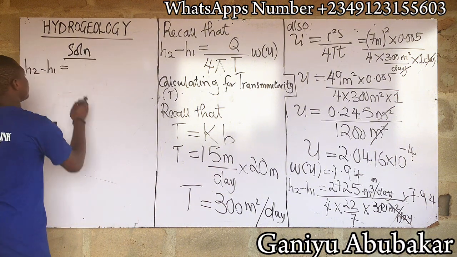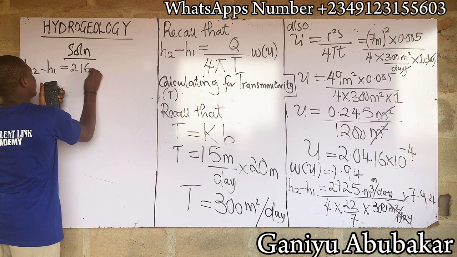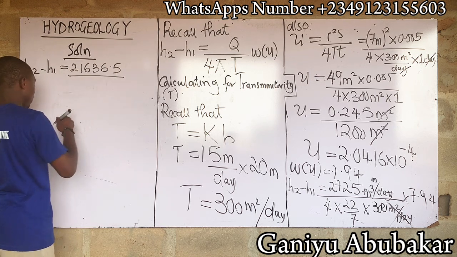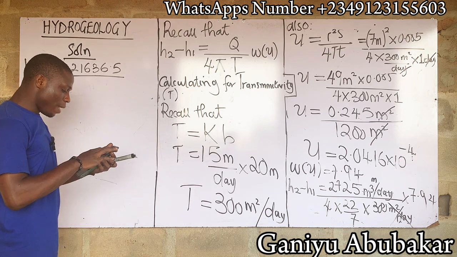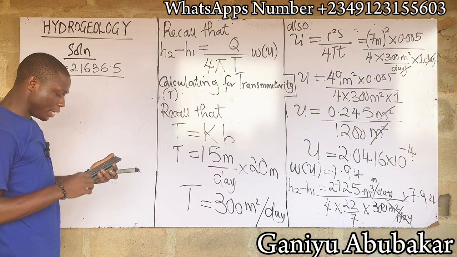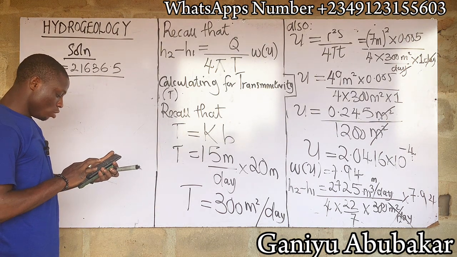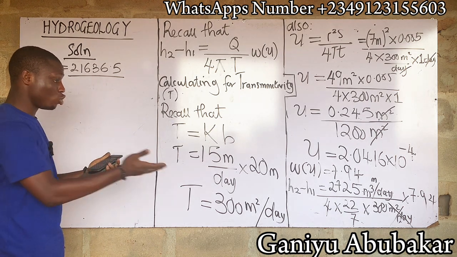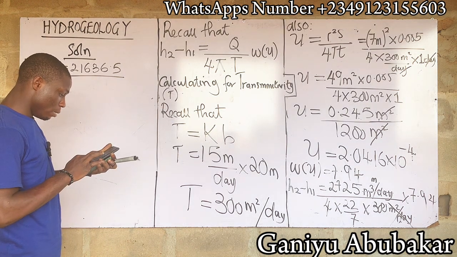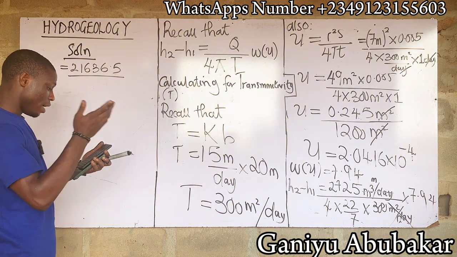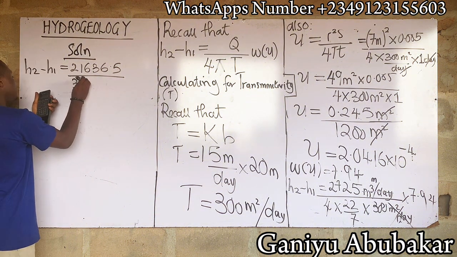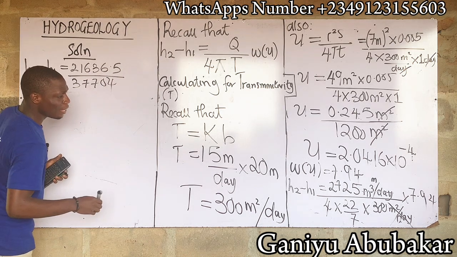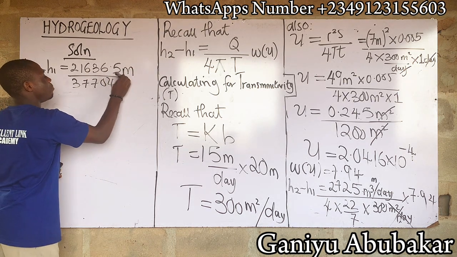I have 21636.5 all over, check them up, please. Multiply 4 by pi by 300 there. 4 times 3.142 per se, or perhaps use 22/7 if you want to, times 300. I have about 37704. Divide numerator by this one, it is in meters, please.